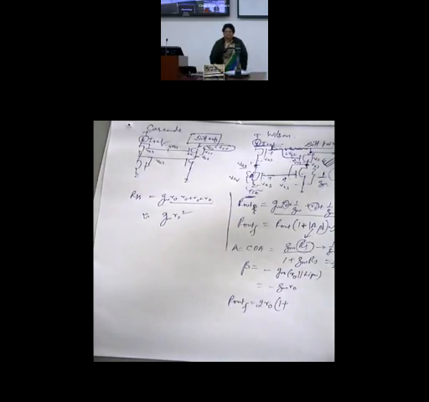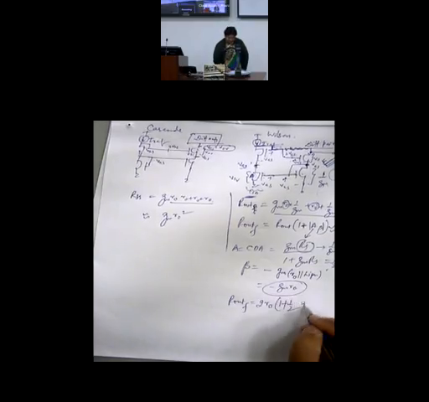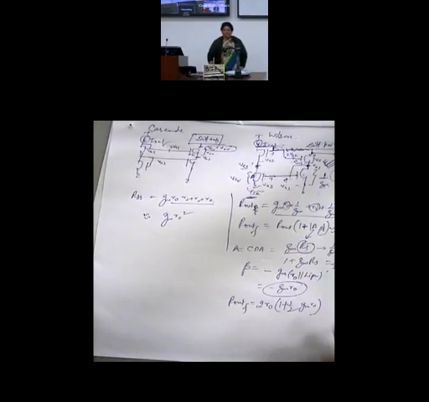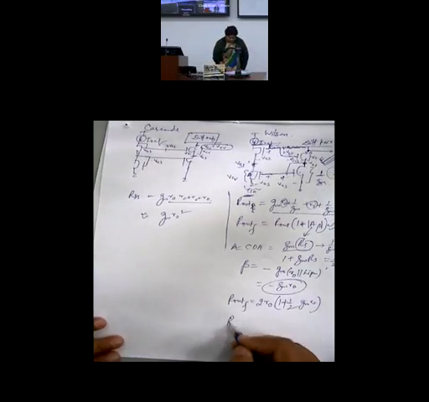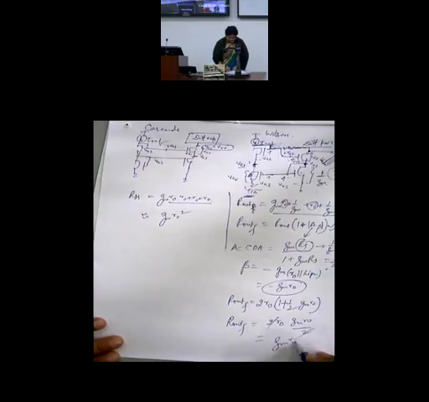A is half, the common drain amplifier gain. Beta is GM RO. I am not taking the negative sign because the negative sign has been taken care of in the negative feedback correction. So I get R out with feedback as roughly 2 RO into GM RO by 2, the 2 cancels out, roughly GM RO square. Same as this.